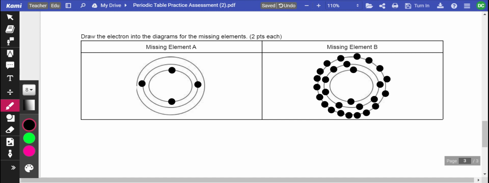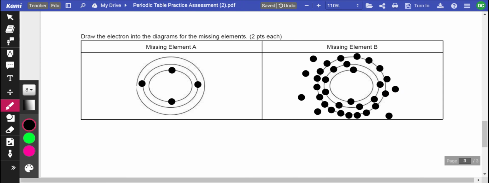I don't have an energy level for the fourth. However, we still have 6 left over we need to place. So we'll just randomly place them and pretend we have one out here. 2, 3, 4, 5, 6. So we have placed all 34 electrons in missing element B.